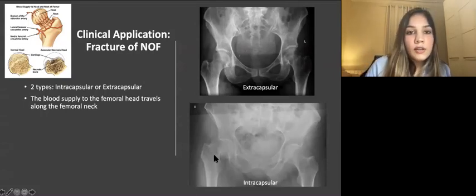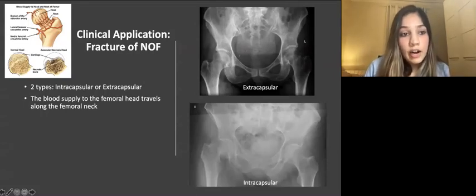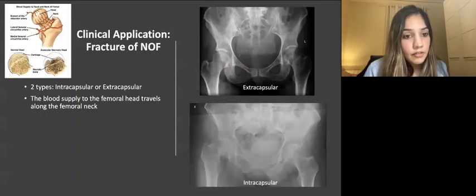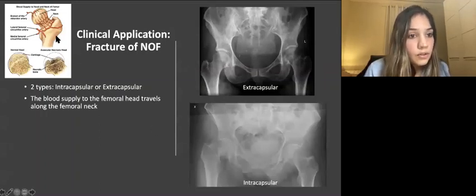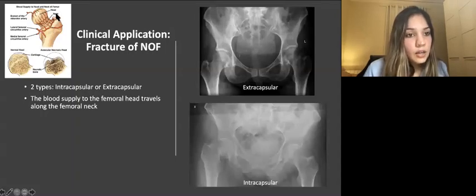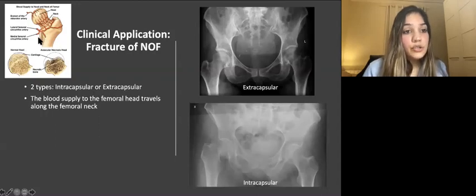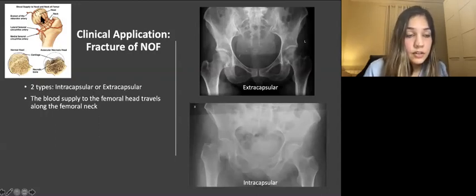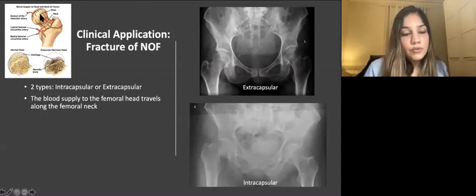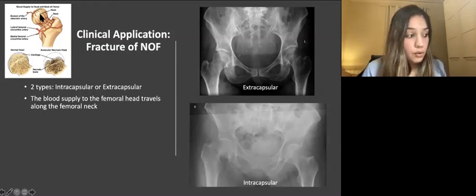What's clinically relevant with these neck of femur fractures is that the blood supply to the femoral head travels along the femoral neck. So if you have a fracture that goes through the femoral neck, it disrupts the blood supply to the head of the femur, and if that's not repaired, it can cause avascular necrosis.